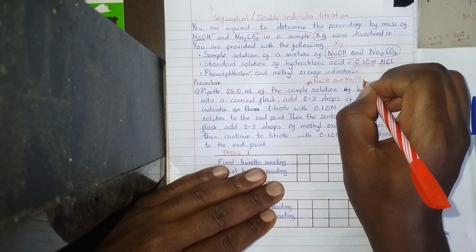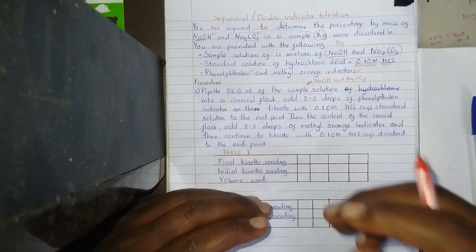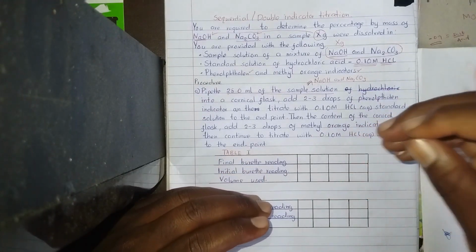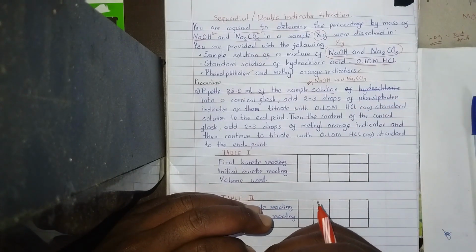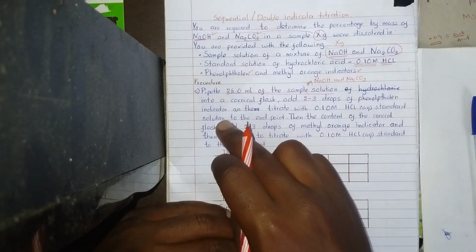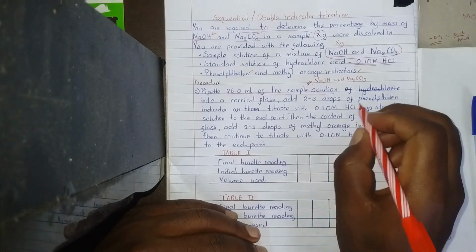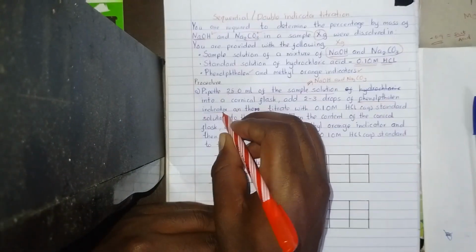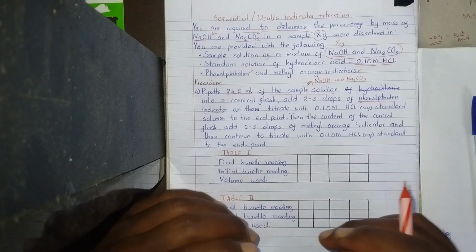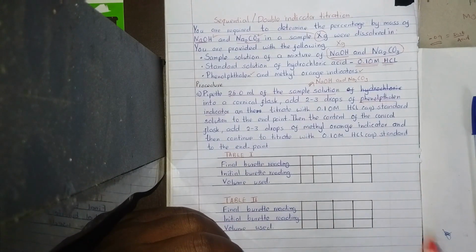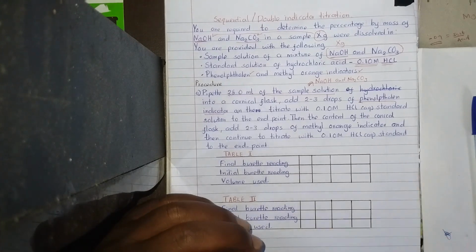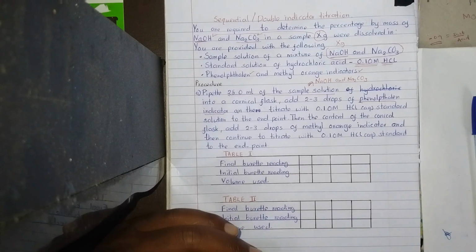So it means you are pipetting 25 mLs of the sodium hydroxide and sodium carbonate into the conical flask. Then into the conical flask, add 2 to 3 drops of phenolphthalein indicator. In my experiment, I added 3 drops.